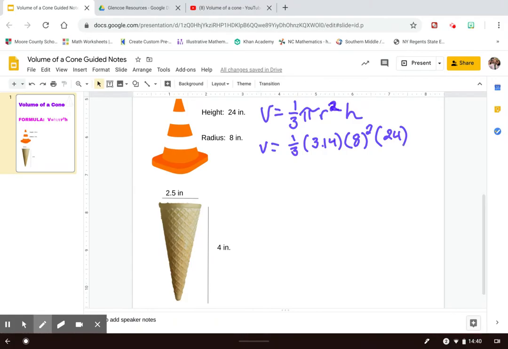So I come back over here, and volume equals 1,607.7. So that is the volume of this particular cone.